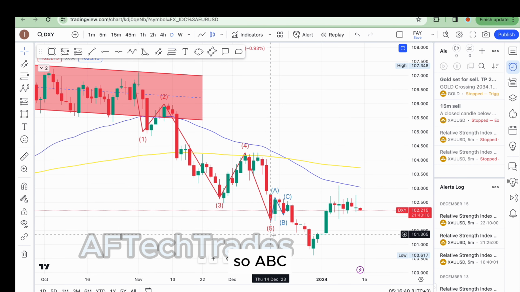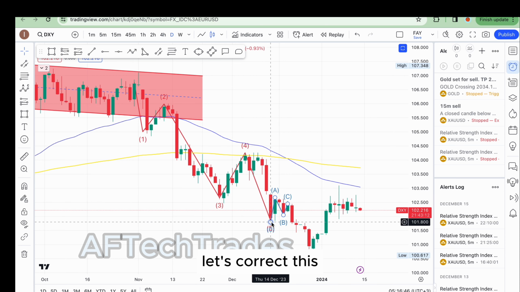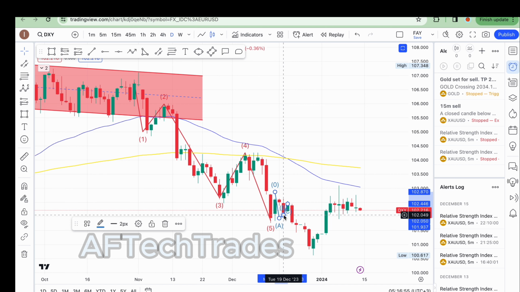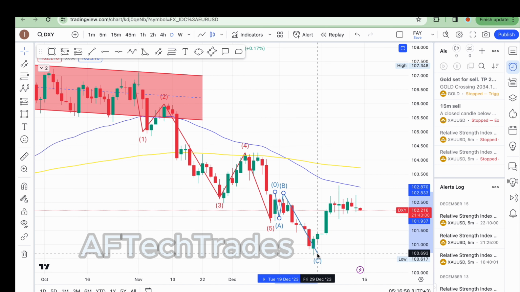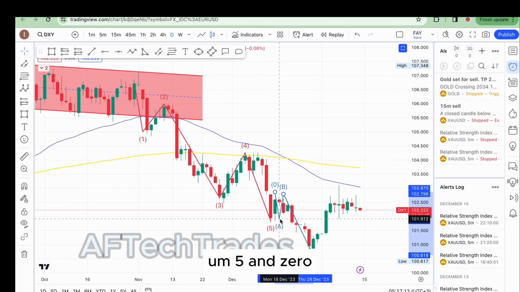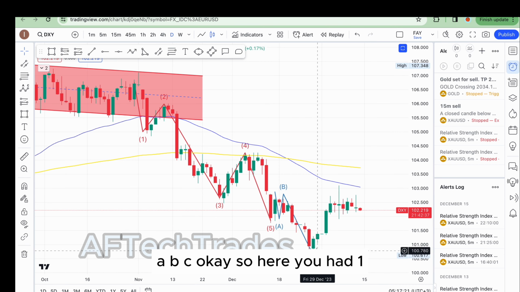Secondly, if we say, let me return it to graph. So ABC, sorry, let's correct this. 0, A, B, C. Okay. 5, then 0, A, B, C. Okay, so here you have another 1, 2, 3.